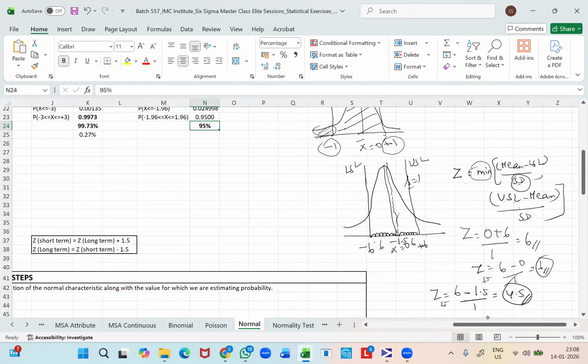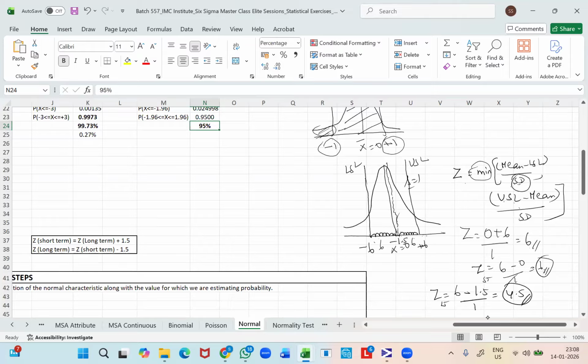If the short-term sigma level itself is 4.5, then the long-term sigma level will be 3. If the short-term sigma level itself is 3, then the long-term sigma level will be 1.5. So this is the relationship between the long-term and the short-term sigma levels as per Motorola, right?